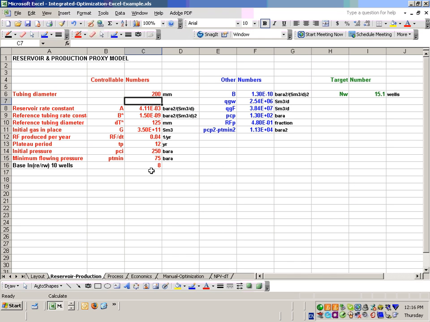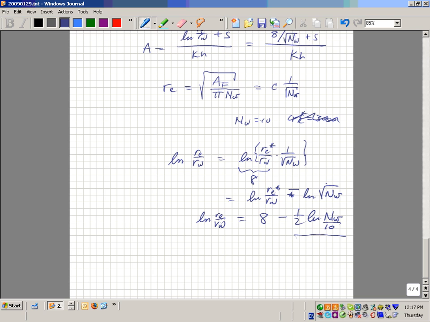If we have a maximum of 30 wells that we can drill based on preliminary economics, 30 wells is the maximum number you can drill. How large does the gas reservoir have to be? And the maximum tubing size we'll let you use is 7-inch. So this is the problem.